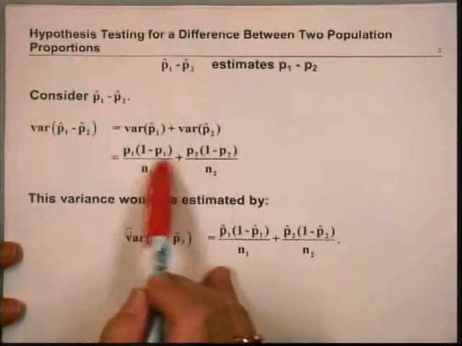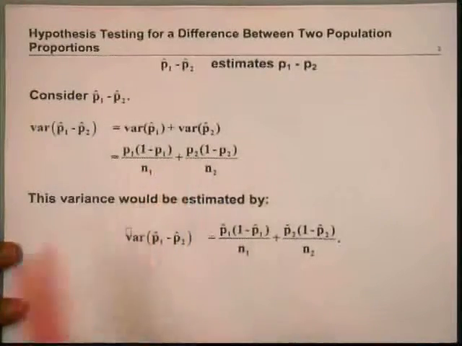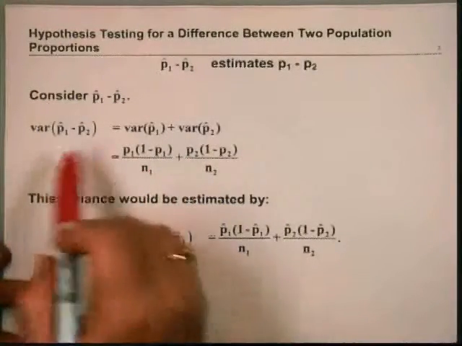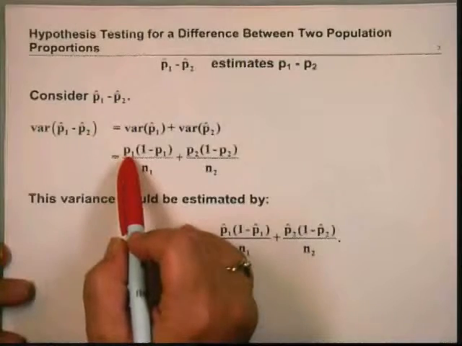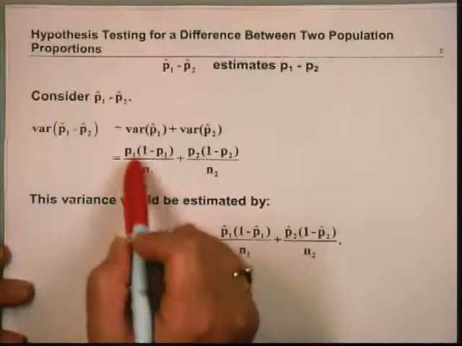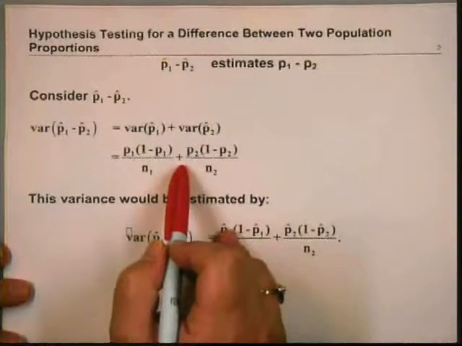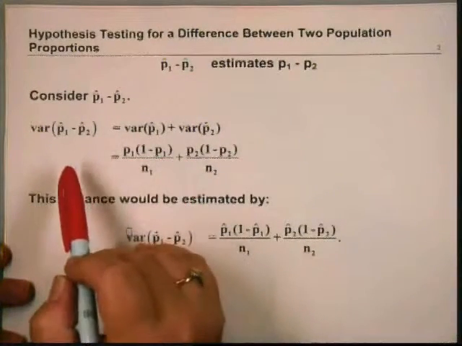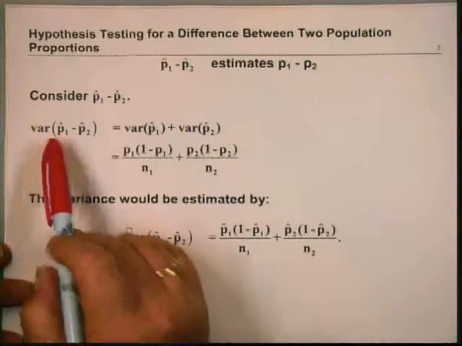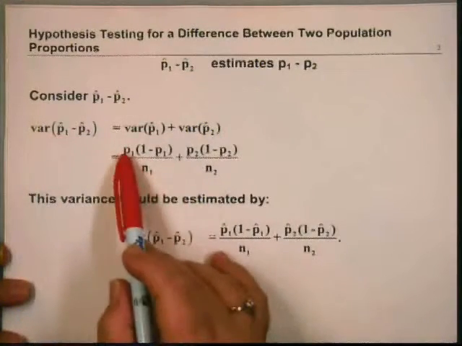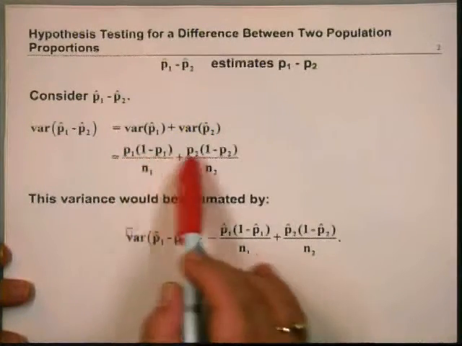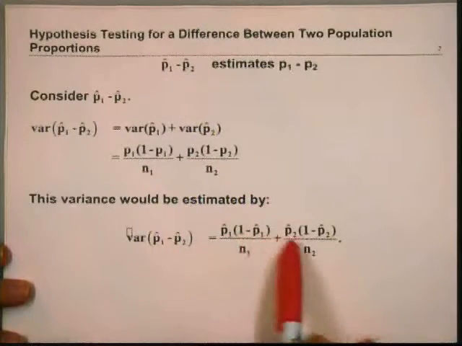So that's the same thing we have here, those two being added together. However, we don't know P1 or P2, so we can't get the population variance exactly. So we have to estimate P1 and P2 with their estimators P1 hat and P2 hat respectively, and those replace the population proportions here.